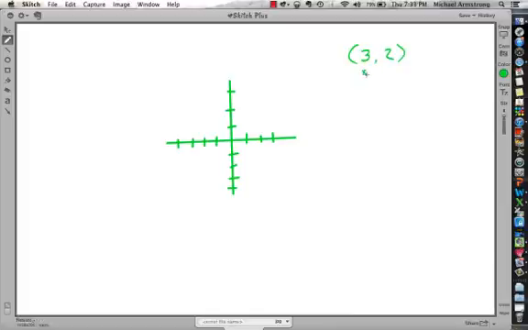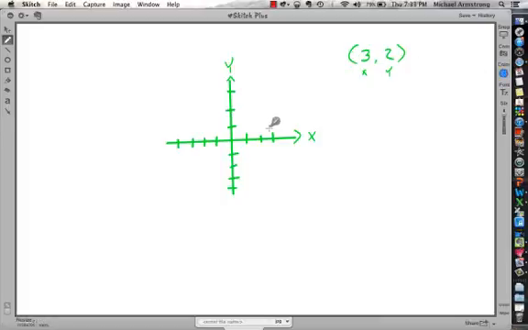The first one is an x, the second one is a y. This is the x direction, and this is the y direction. X is always this way, y is always this way. The first one is always x, and the second one is always y. And this is kind of alphabetical order, x, y. You can kind of remember it that way.